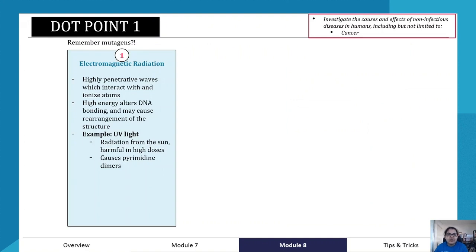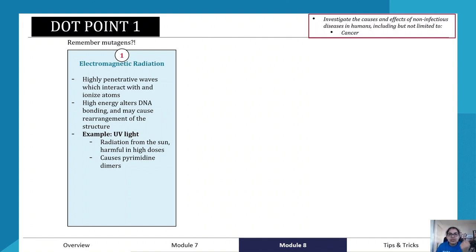So mutagens, we've spoken about them, and in module 6 you would have looked at them. Electromagnetic radiation consists of highly penetrative waves which interact with and ionize atoms, and essentially their high energy alters DNA bonding and can cause rearrangement of the structure. A big example of that is UV light.